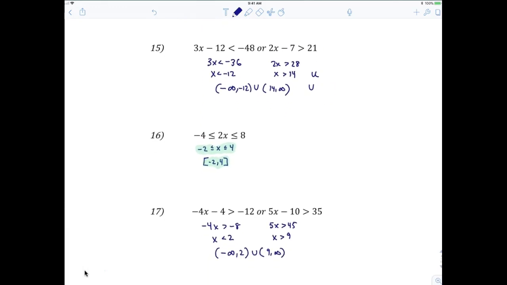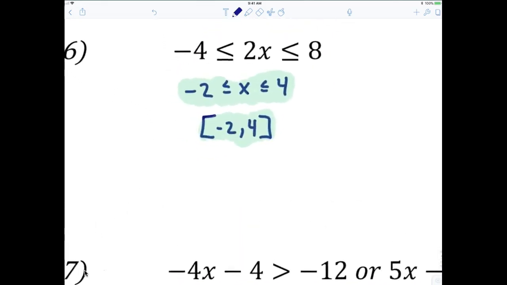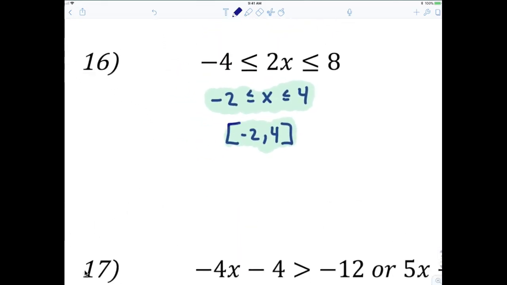All right, so let's take a look at 16. Everybody look at 16, because we kind of did that as a class just to make sure they understood. All I'm doing is what to both sides? Right. And don't forget that means x is between what? Yes. Or we could just say x is between -2 and 4.